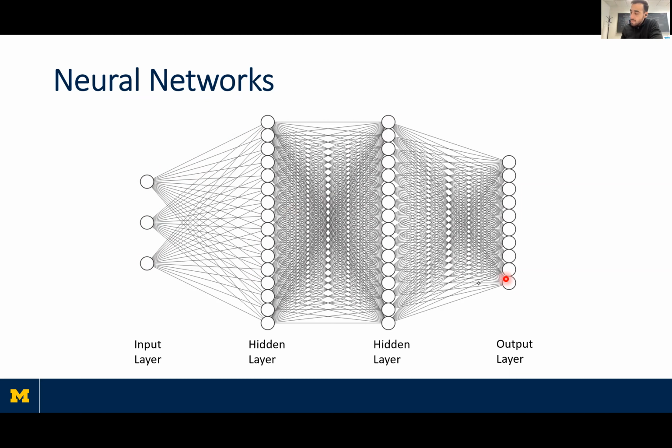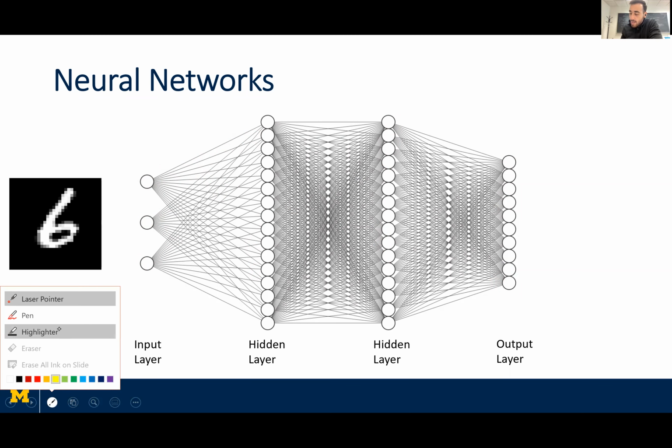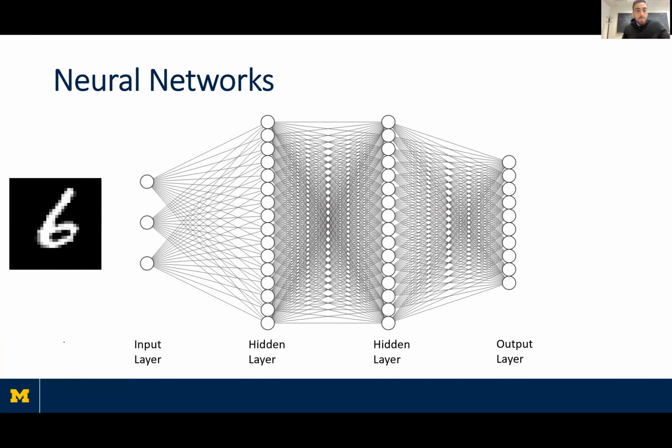And what you should imagine is that when a neural network is working, I would give it some input, for example, the handwritten digit 6. Of course, to us, we easily recognize it as 6, but how does a neural network know that this is a 6? Well, what it does is, ideally, you'd have the first nodes, they light up, they fire because of the input.